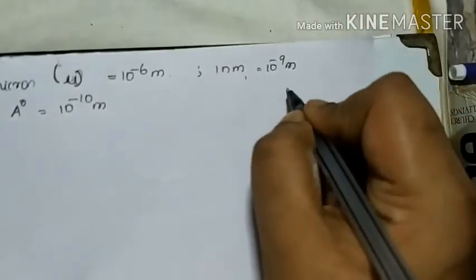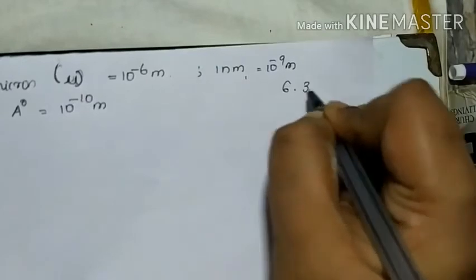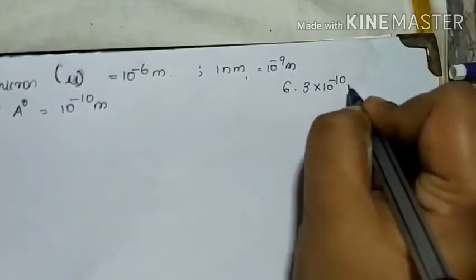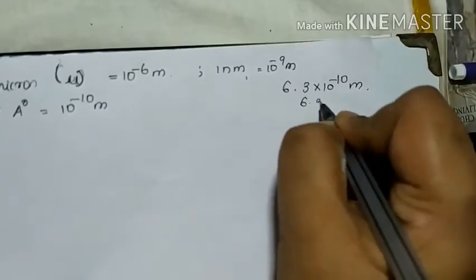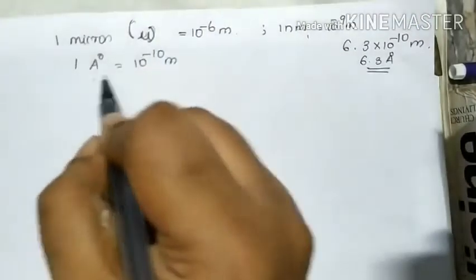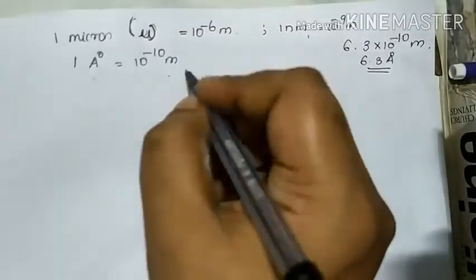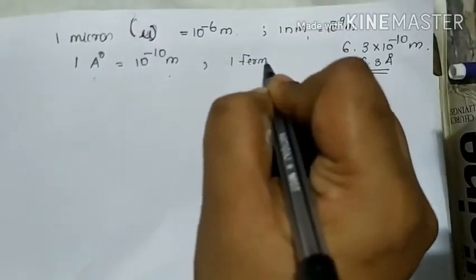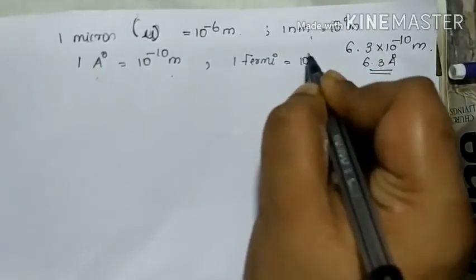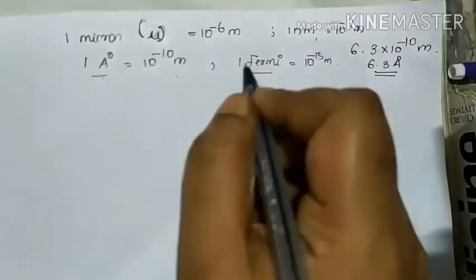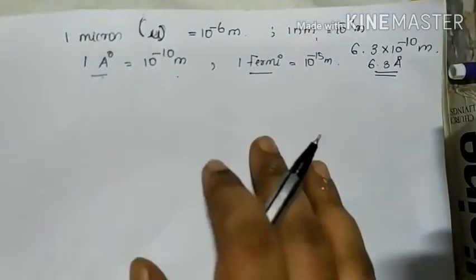Suppose there is a value 6.3 into 10 to the power minus 10 meter. You can straight away write it as 6.3 Angstrom. And 1 Fermi is equal to 10 to the power minus 15 meter. Fermi and Angstrom might be the two new terms you have heard for the first time.